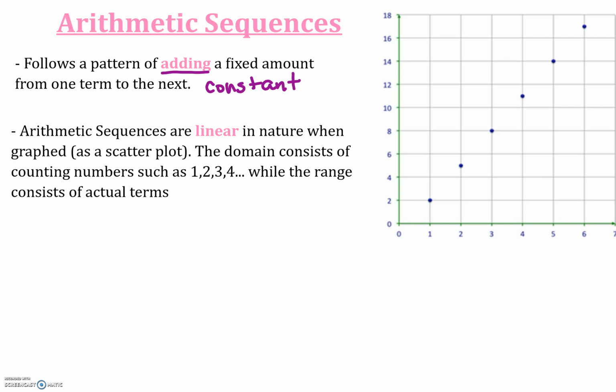You'll notice that arithmetic sequences are linear in nature when graphed. If you were to graph that arithmetic sequence, it would look like a scatter plot where we do not connect the dots because we can't have a part of a term.